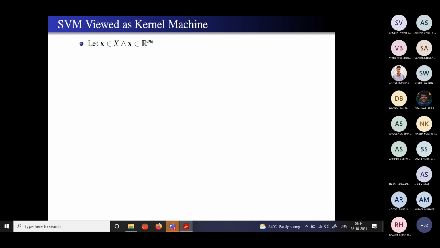Suppose x is one particular example from a larger set X, and x is of m0 dimension. Phi_j(x), j equal to 1 to m1, is a set of nonlinear transformations from the input space to the feature space or hidden space. Remember the notation adopted in the last module on radial basis function networks: m0 indicates the dimensionality of the input space and m1 indicates the dimensionality of the hidden space.